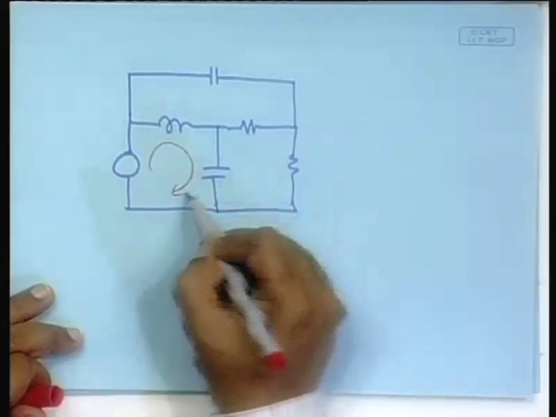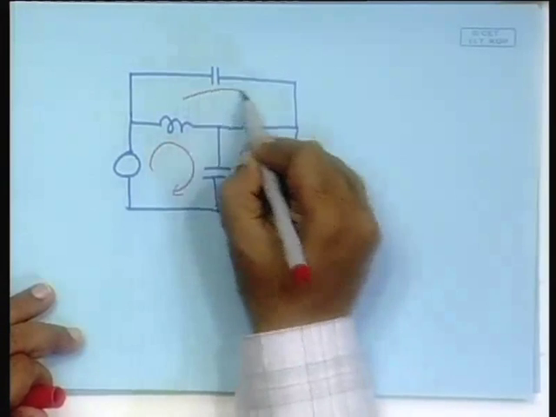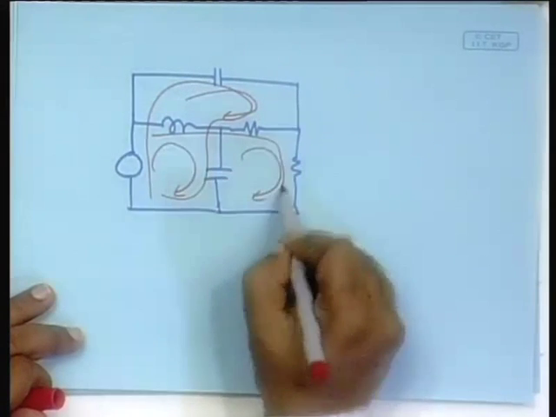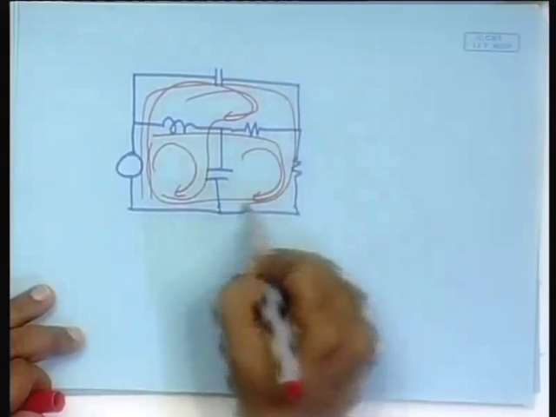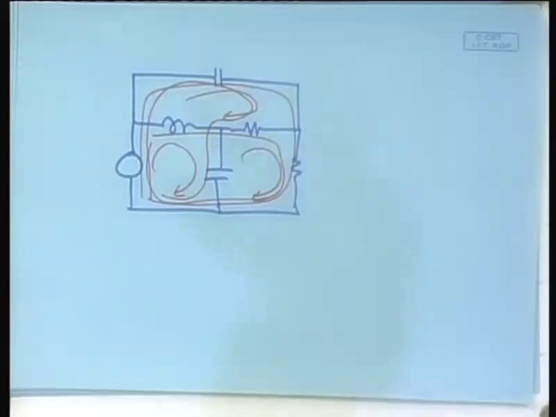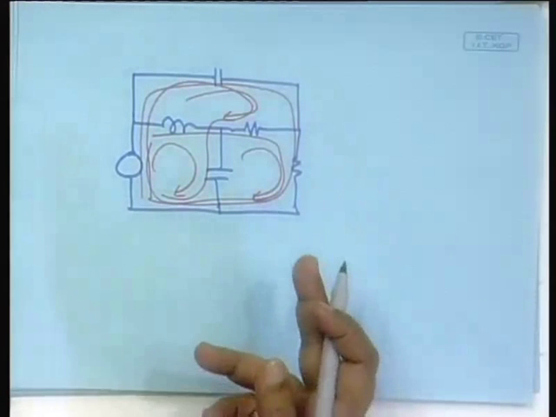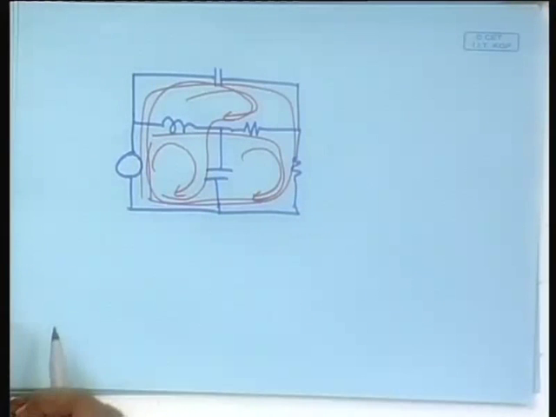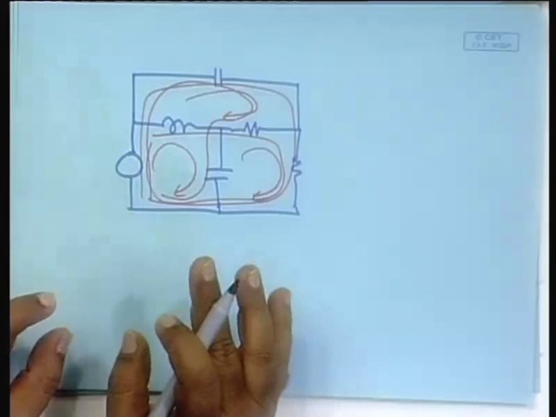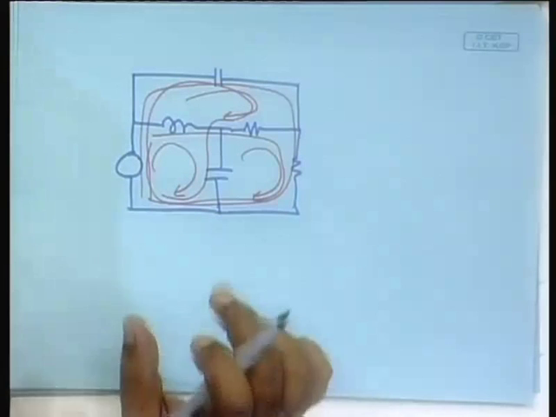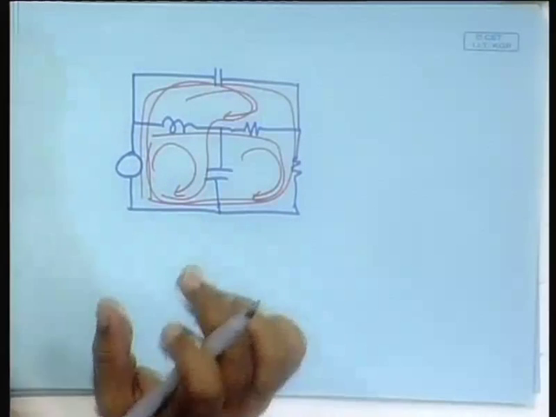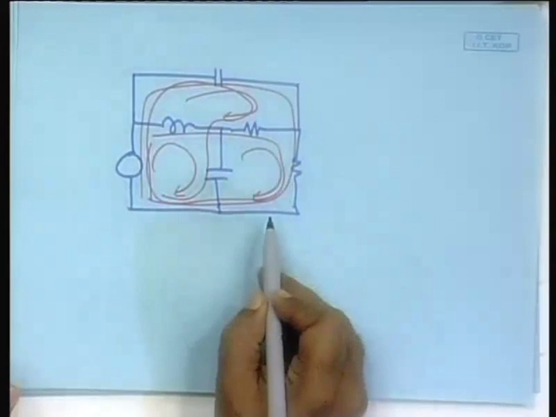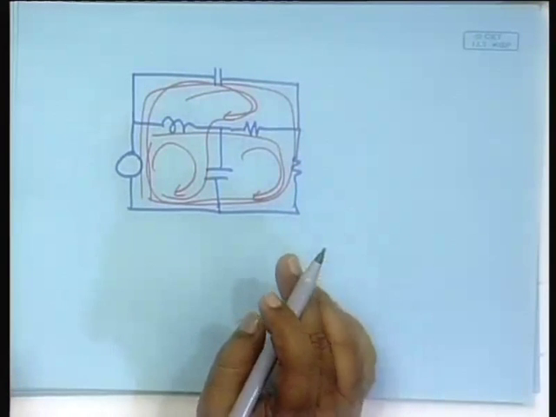This is a loop, this is a loop, this is a loop, all these are loops, and along all these the total voltage should be 0. So, that is point number 1: Kirchhoff's first law, the voltage law, says that around all the loops the total voltage should be 0.